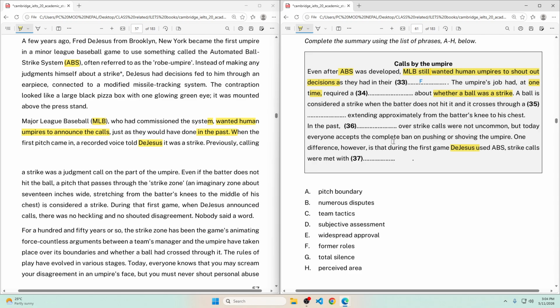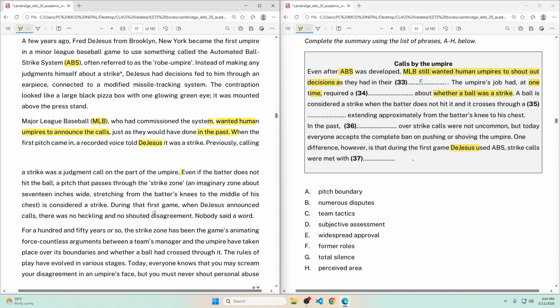If we look at the next sentence, it says a ball is considered a strike even if the batter does not hit a ball. No, no, no. This is not it.